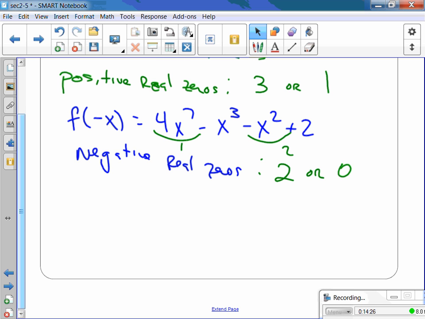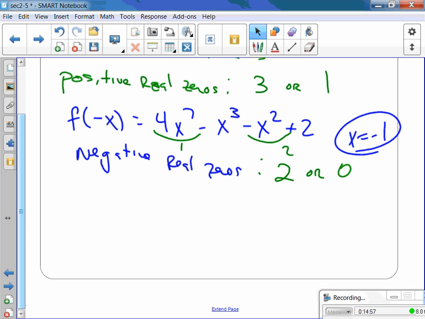But if I already knew that I had 1 negative real zero, I already knew that x equals negative 1 was one of my choices. How many negative real zeros do I have? They let you know in the beginning. They said x equals negative 1 is a solution. 2.